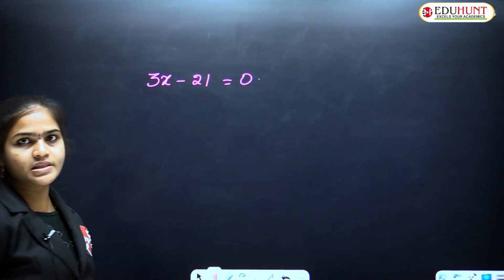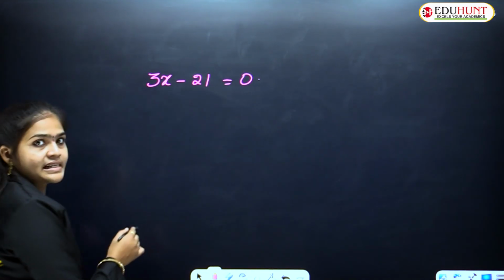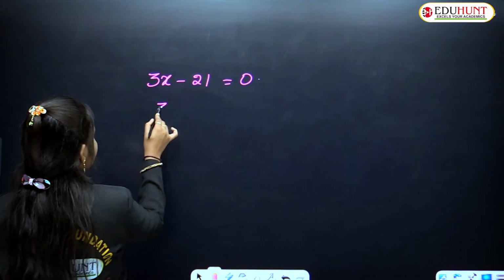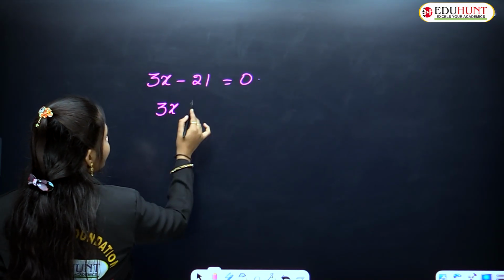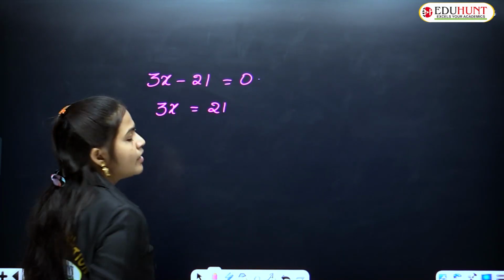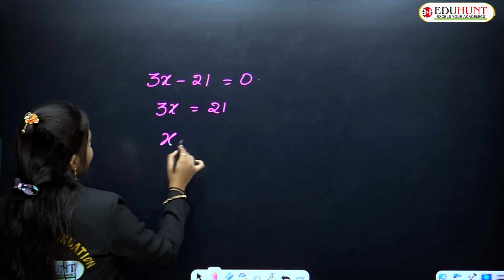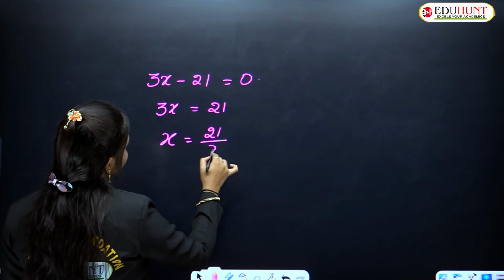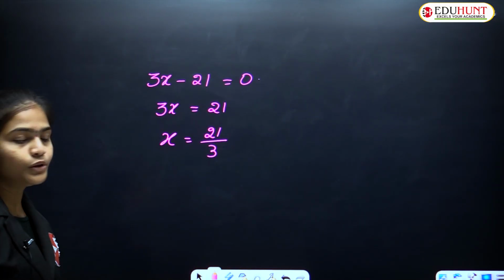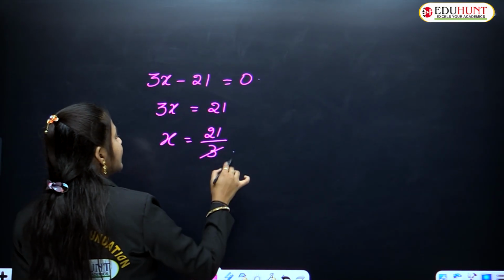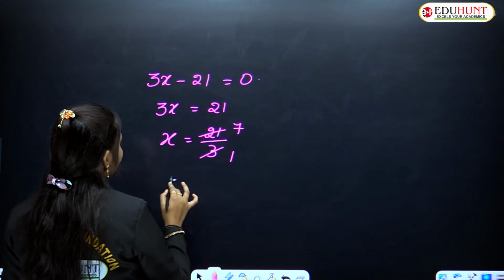Understand, ma? Next, 3x is equal to minus 21, which becomes plus 21. From this, x is equal to 21 by 3. Now here 3 1s are 3 and 3 7s are 21.